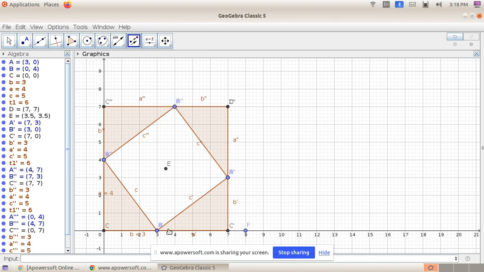Now, suppose I'm going to move this triangle there. I selected it and just plotted a vector from here to here. So it has come in this way.